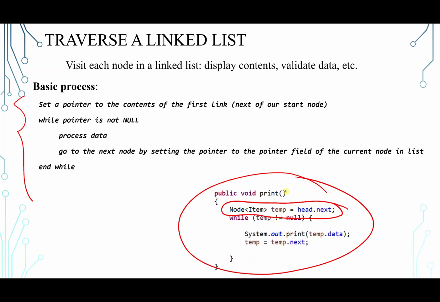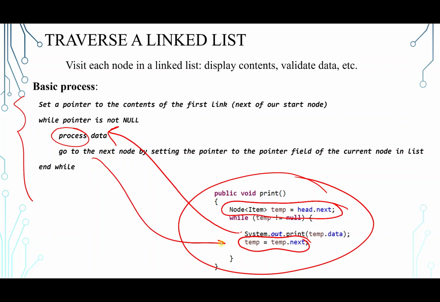While the pointer is not equal to null, process data. Process data could mean printing the data or whatever you want to do with it. Then go to the next node by setting this. So this part is processing the data, and this part is going to the next node. This is how we go to the next node.